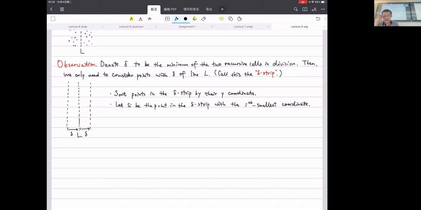So here we are looking at things inside, and we want to have a good sense about the vertices inside this delta strip. Roughly speaking, you cannot have super close vertices like this. Why is this the case? Because we have successfully run the algorithm on the left-hand side and the right-hand side, and we called this delta the minimum of the two recursive calls in division.